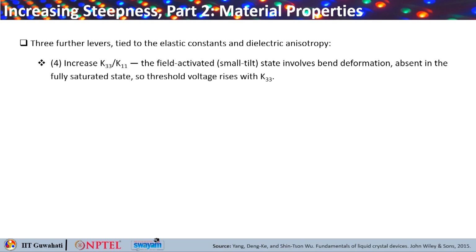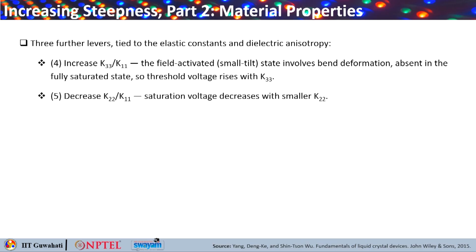Now 3 further levers are also used, which are basically tied to the elastic constants and the dielectric anisotropy. You can increase the ratio of K33 over K11. The field activated small tilt state basically involves bend deformation, and that is absent in the fully saturated state, so your threshold voltage basically rises with K33.